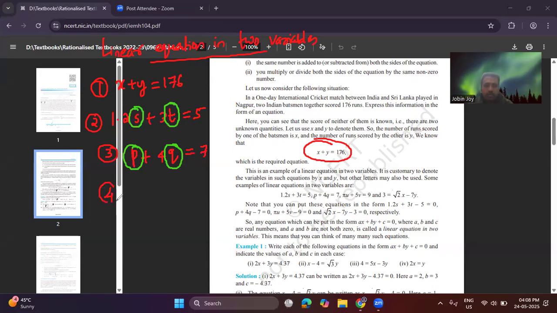Fourth example, 5u plus 5v is equal to 9. Again, this is a linear equation in two variables, and the variables are u and v. U and v are the two variables.